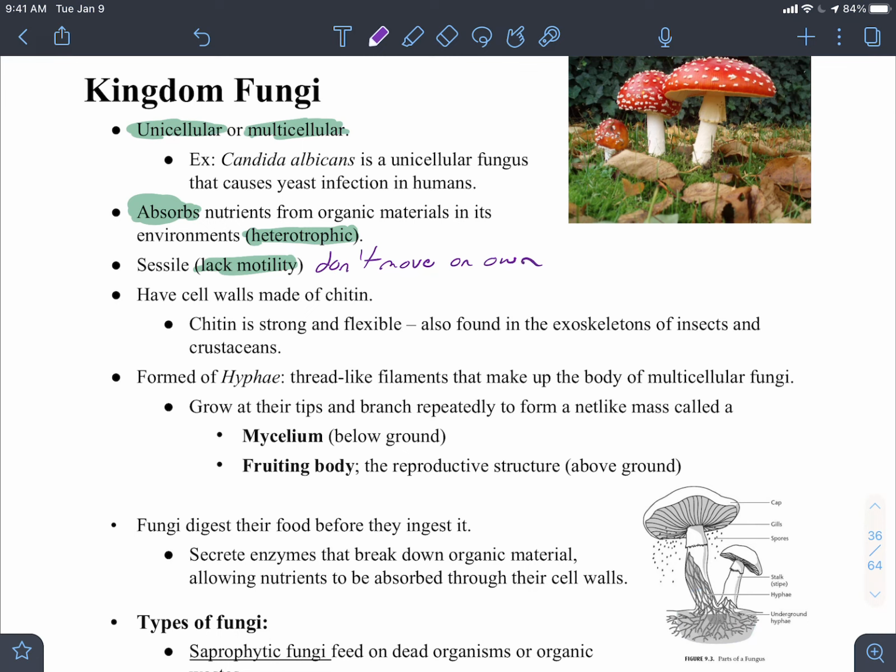They have cell walls that include chitin. Chitin is a strong and flexible material. We also find it as a naturally occurring material in insects and crustaceans. And I always find it very fascinating that in the animal kingdom and the chemical kingdom, there are only so many options out there in terms of what a living body can produce.